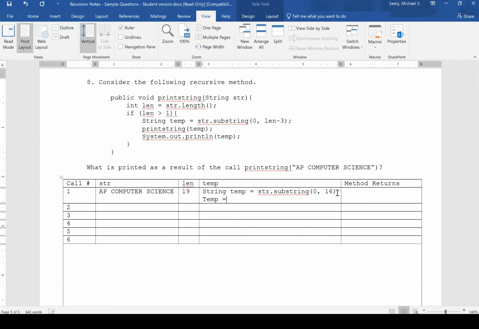So temp is then what? AP Computer Sci. Okay. And then it prints temp, or it calls that, I guess. And so then our new string is AP Computer Sci, which has a length of 16.